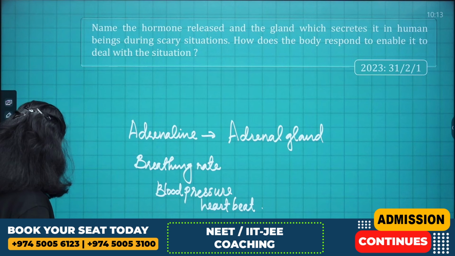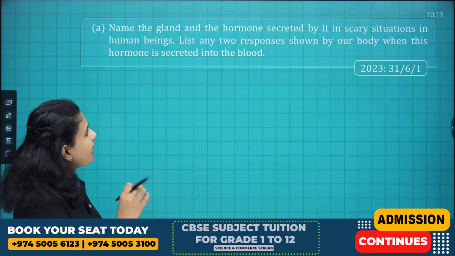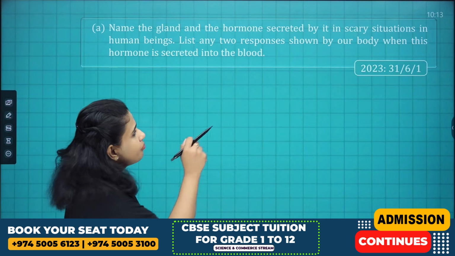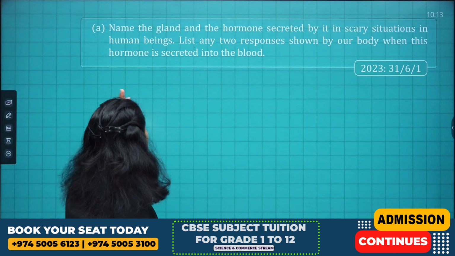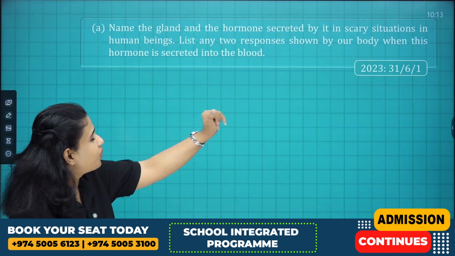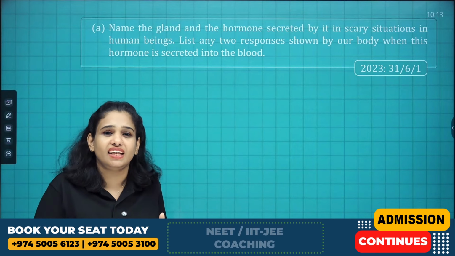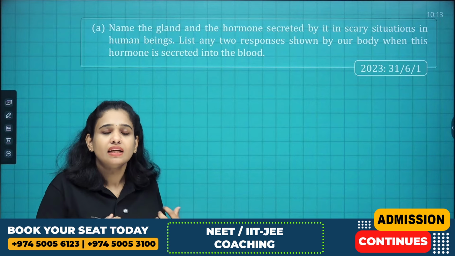Now, let's see the next question. Name the gland and the hormone secreted in scary situations in human beings. List two responses shown by your body when this hormone is secreted to blood. It is the same question, but asked in a different way.